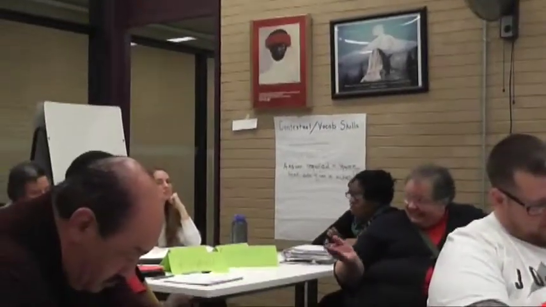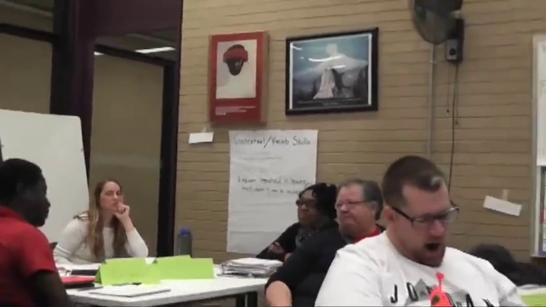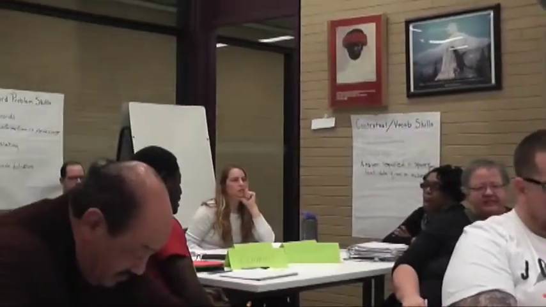How about the table at the back? We looked at computation, scale, measurement and conversion, and the objective was for them to demonstrate the ability to convert from inches to feet.